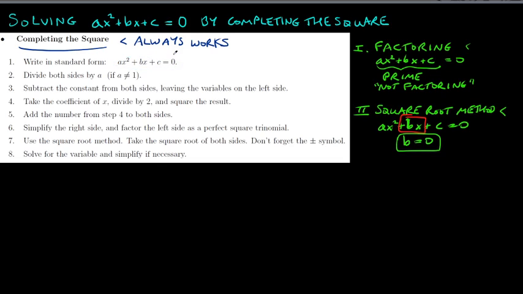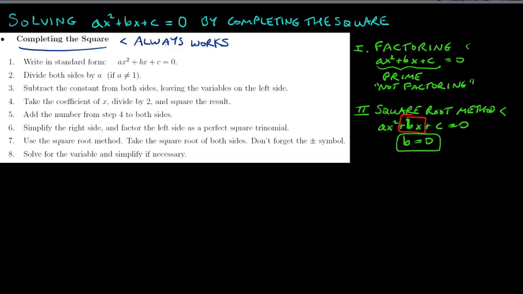It will always tell you the solutions. Now, remember, the solutions might be imaginary numbers. They might be irrational numbers like the square root of 2, but it will still give you the answer in every case, right?